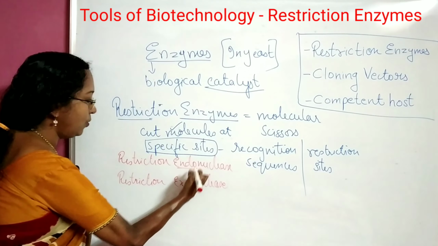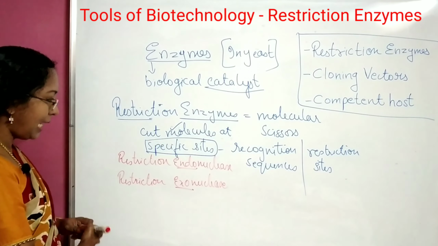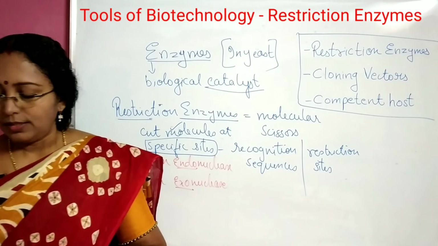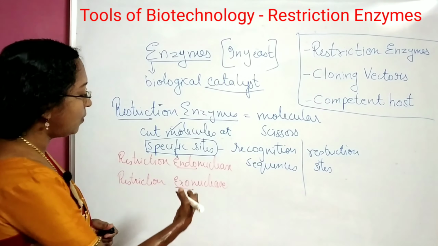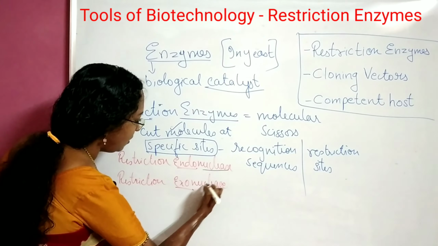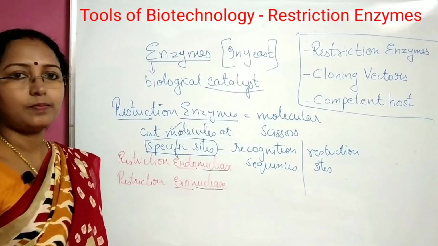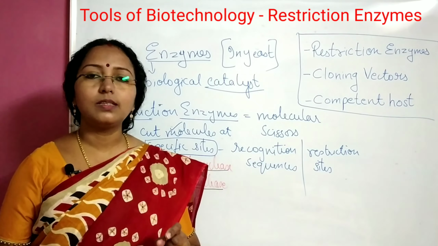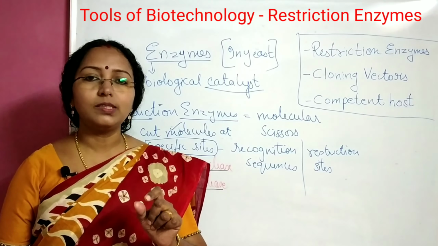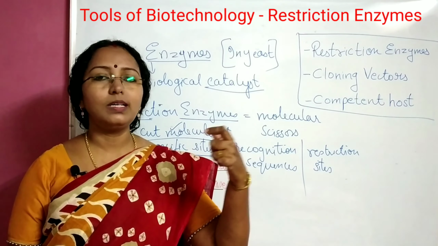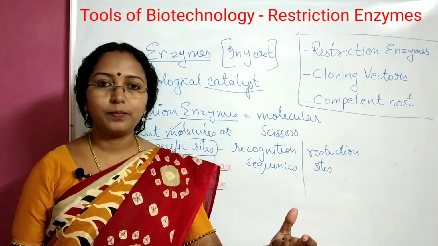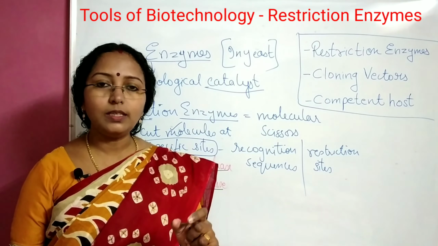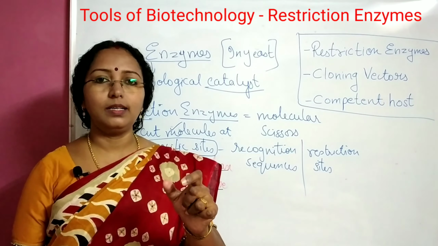Restriction endonuclease and restriction exonuclease. So here you are coming across the term nuclease. Nuclease means enzymes which cut nucleic acid molecules, that is our DNA or RNA. Here in genetic engineering, we are focusing on DNA.